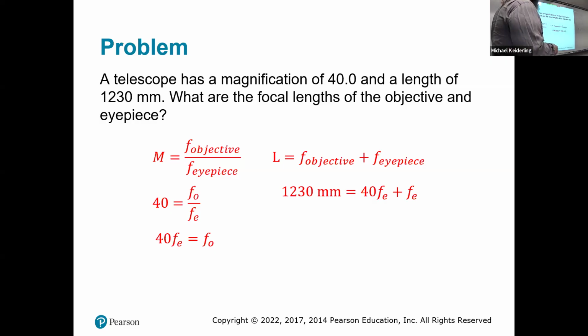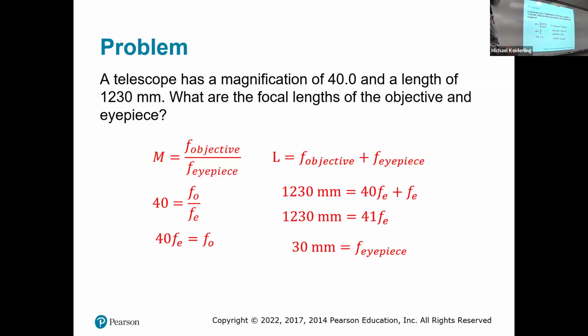And we could substitute that into this equation. We get 1,230 millimeters equals 40 times the focal length of the eyepiece plus the focal length of the eyepiece, or 41 times the focal length of the eyepiece, which is 30 millimeters equals the focal length of the eyepiece.